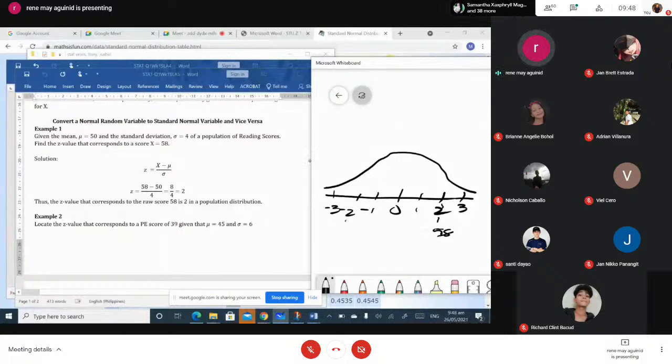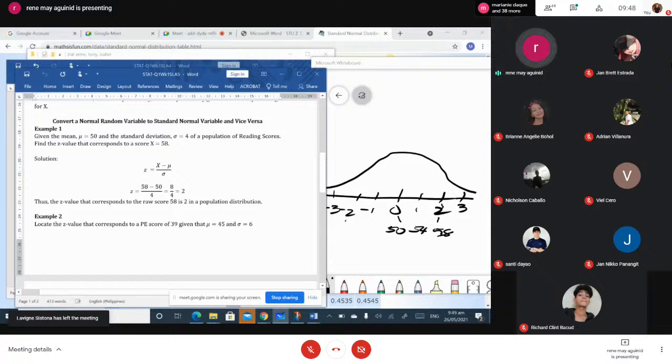So dapat kung mean siya, naagi siya diri ang 50. And our standard deviation is 4, so tag 4 ang gap nila. So plus 4 is 54, plus 4 is 58. Kung decimal na, so we have to compute it. Kung mag-draw ta sa atong normal curve.